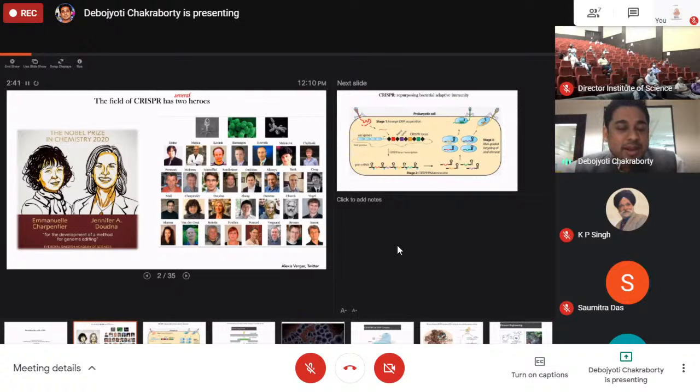There was no similarity with any of the bacterial genes, and they kept looking at other organisms from where this could have come. Throughout the 90s, they found that these sequences very closely corresponded to viral sequences or sequences from bacteriophages.